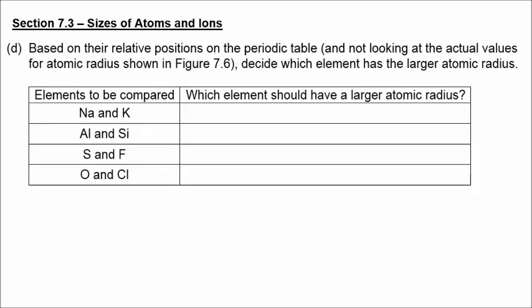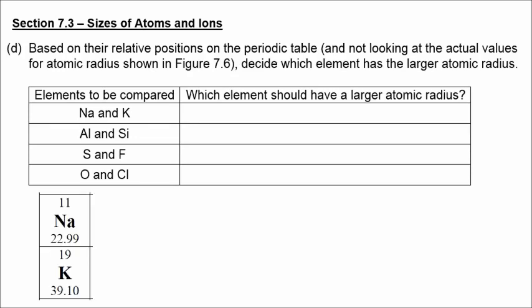So in this particular table, we are comparing two elements and deciding which one is going to have a larger atomic radius. So the comparison between sodium and potassium points to the fact that potassium should have a larger atomic radius because 4s is larger than 3s. We're talking about the valence shell.